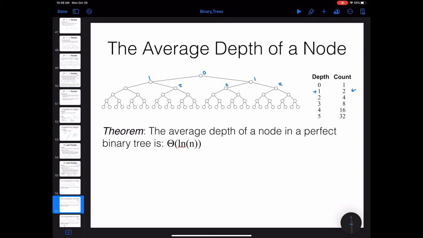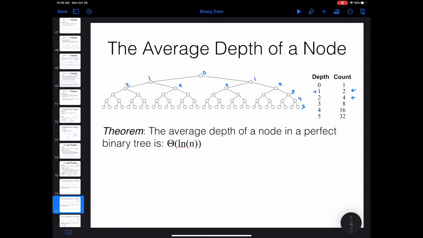All the children of these 2 nodes. So you multiply by 2. I am going to have 4 nodes at depth 2, 8 nodes at depth 3, 16 nodes at depth 4, and 32 nodes at depth 5. So there is exactly a pattern here.